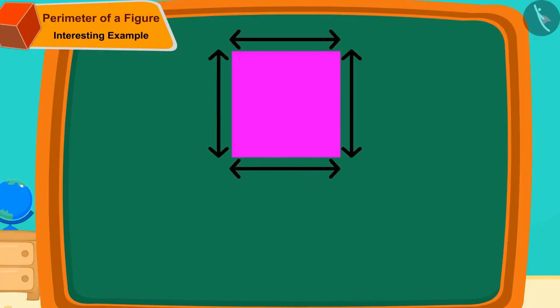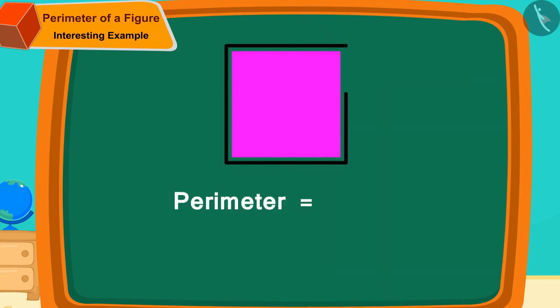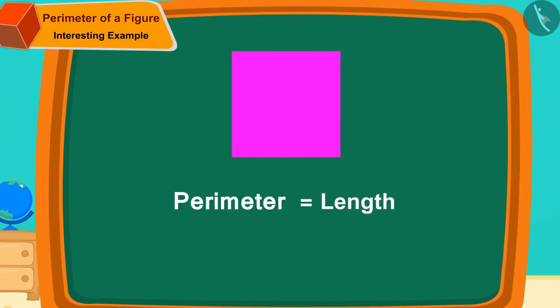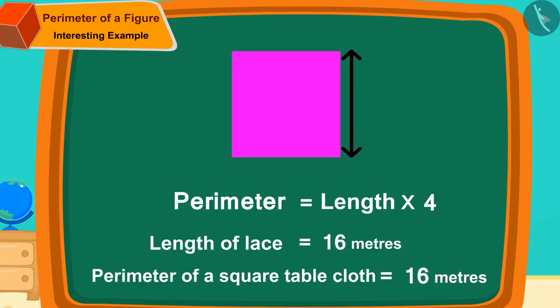All sides of the square are of the same length. So, to find the perimeter of a square shape, we can simply multiply the length of any one of its edges by 4. The length of Banno's lace is 16 meters. It is exactly equal to the perimeter of a square-shaped tablecloth.